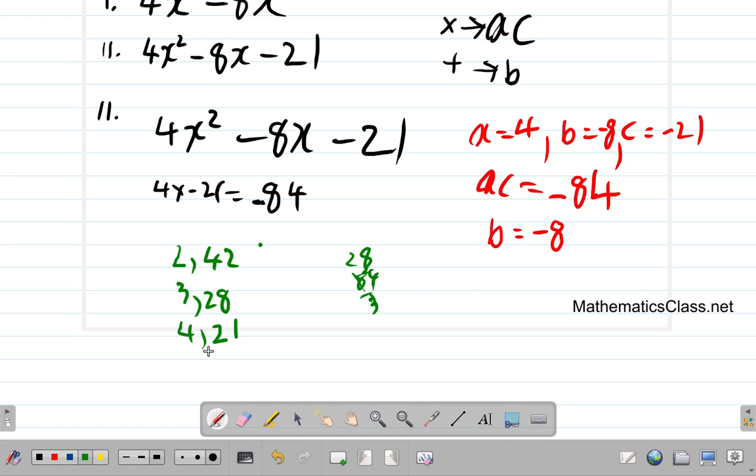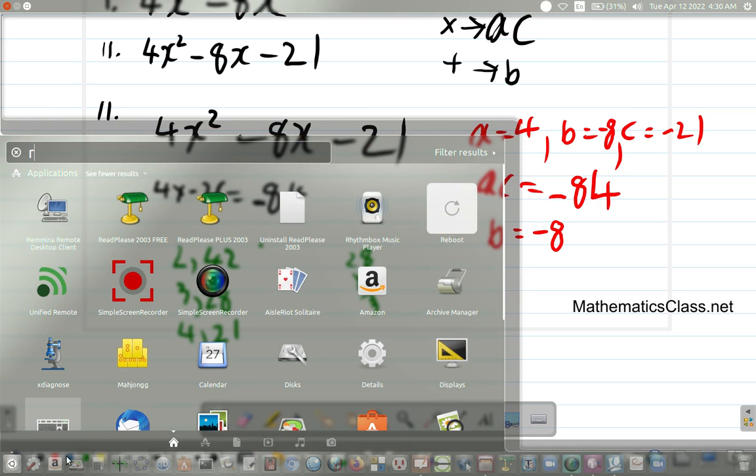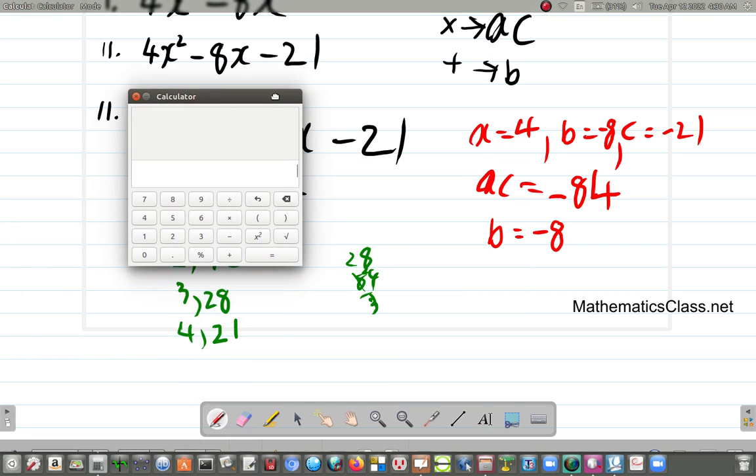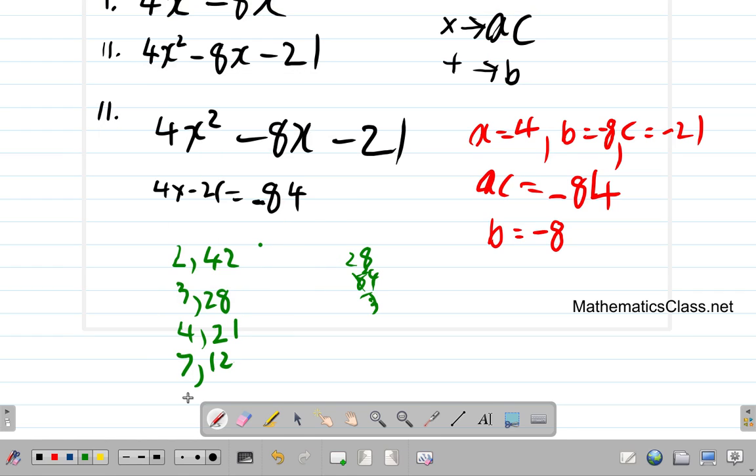Now, let's just use our calculator to save time. 84 over 12. Oh, 12 can work. Right. So 12 and 7. Alright, 7 and 12.